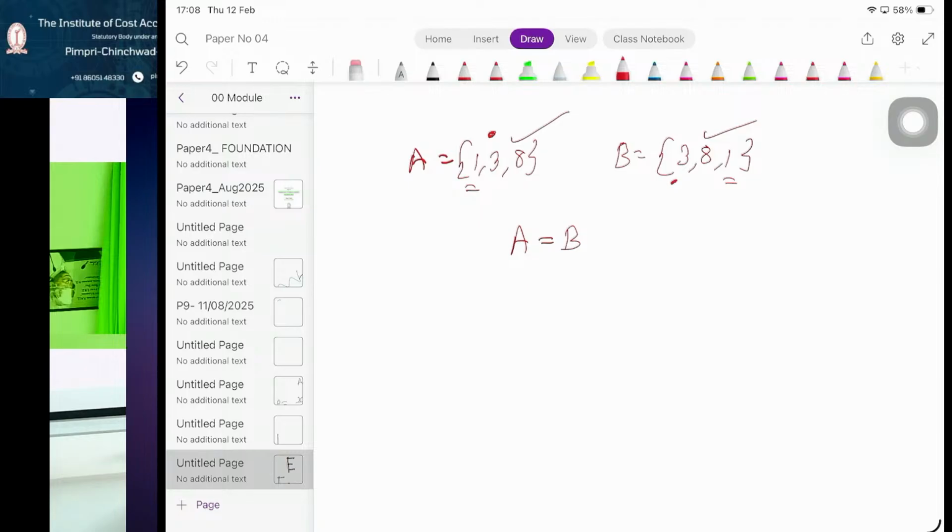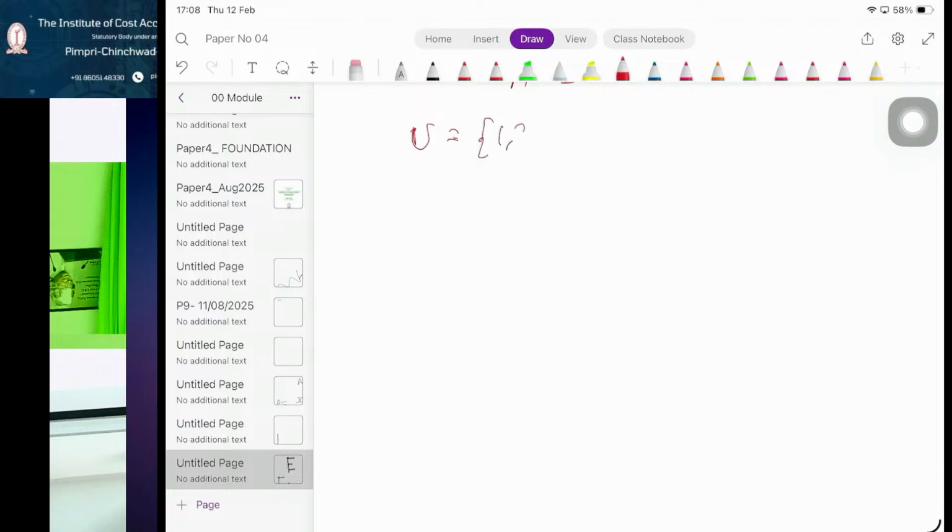Now the next, page number 5. Complement of a set. Suppose I have taken the universal set as 1, 3, 8, 16, 24, 32, 19 and 4.